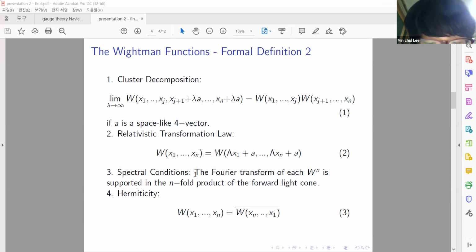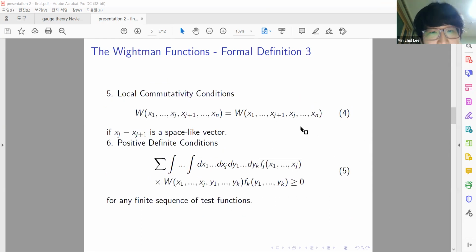And the spectral condition is that the Fourier transform of each Wightman function is supported in the n-fold product of the forward light cone. Again, the forward light cone is just the region in space-time that is contained by the trace of the light. And hermiticity is straightforward.